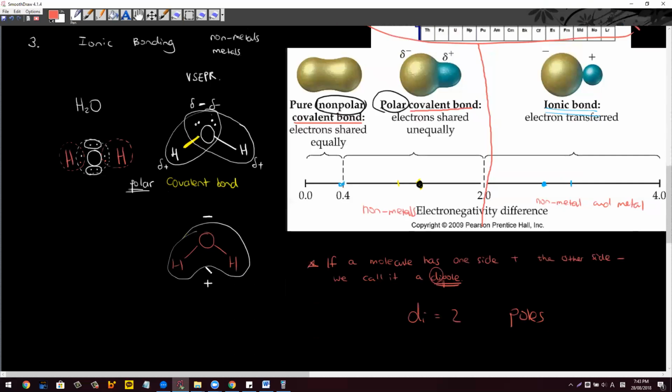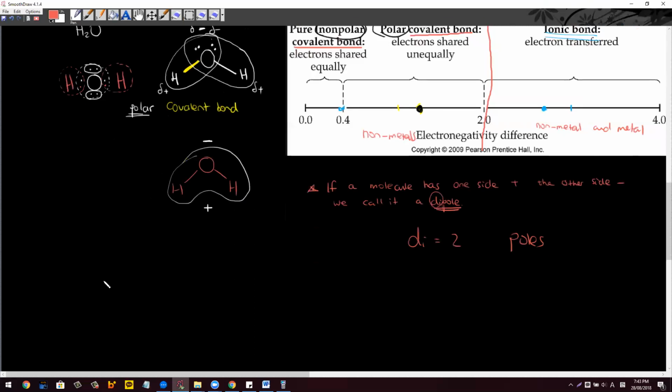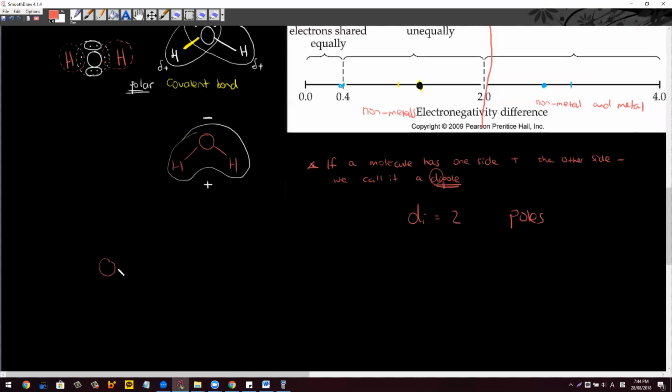we're going to compare that with carbon dioxide. Carbon has 1, 2, 3, 4, and oxygen has 6 electrons: 1, 2, 3, 4, 5, 6. Oxygen here, 1, 2, 3, 4, 5, 6.